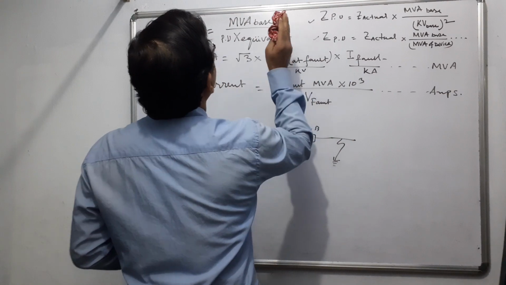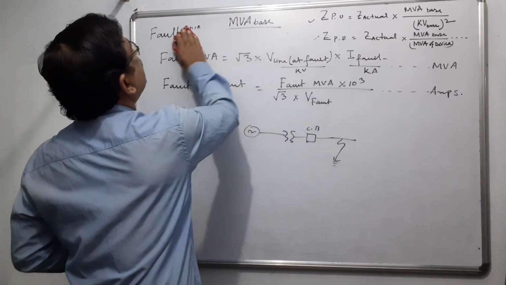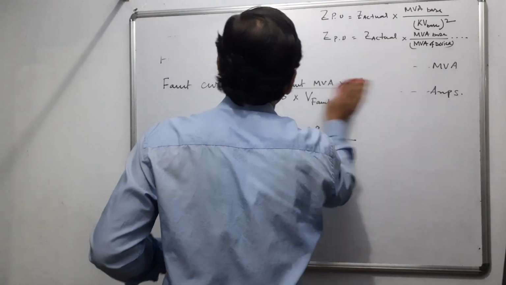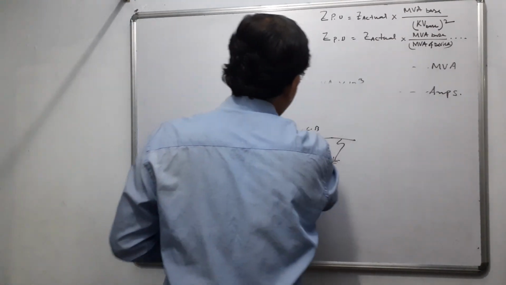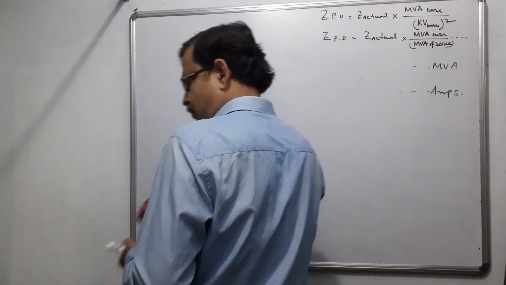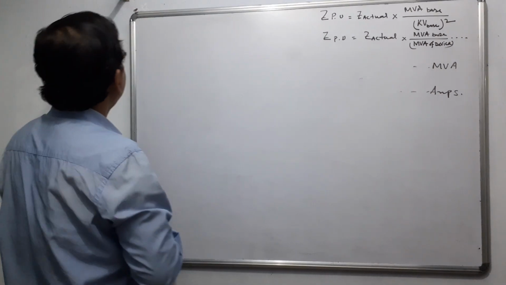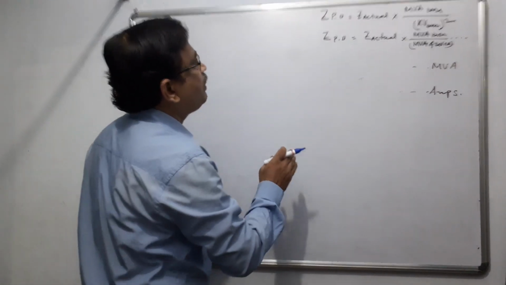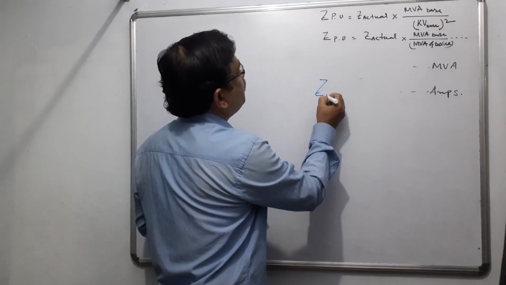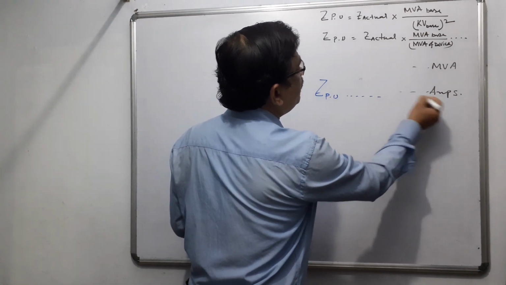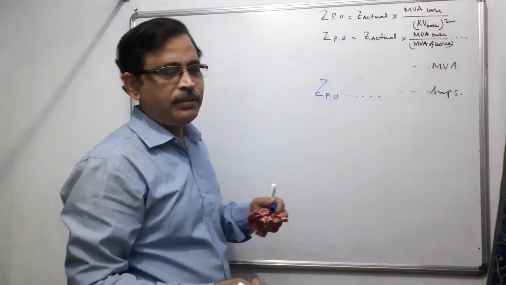Another important formula I will write here. Suppose this Z per unit is related to one kVA base and one kV base.